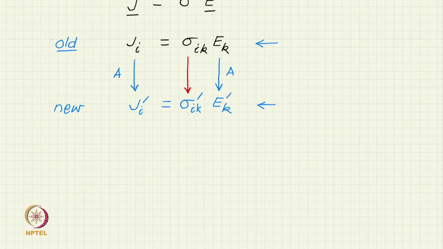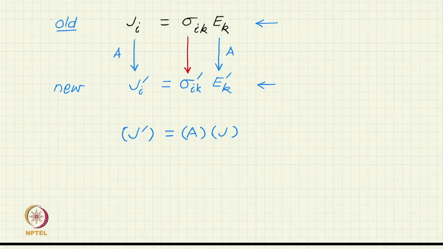We have already seen that the new components j I prime can be written, not in the component form, but in the matrix form. The column of new components is written as matrix A, the coordinate transformation matrix, times the column of J in old components.